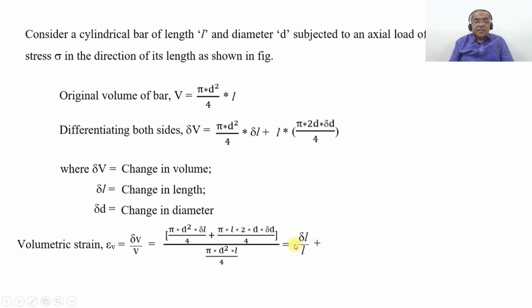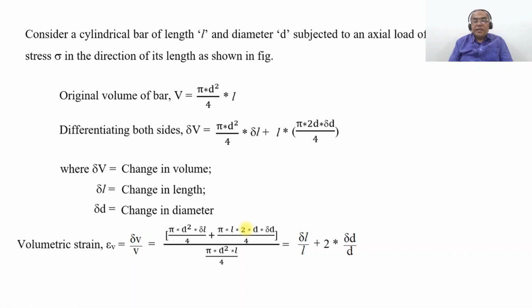In the second case, pi by 4 cancels, one d cancels so the remaining d is in the denominator, and L cancels. You are left with 2 into delta d by d.